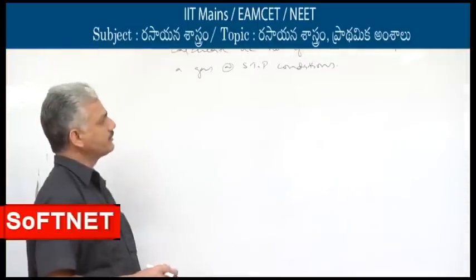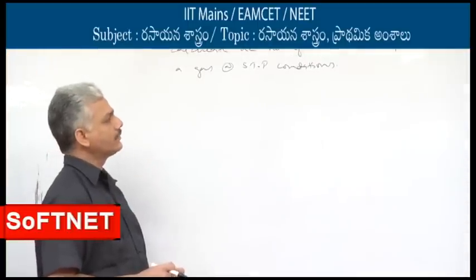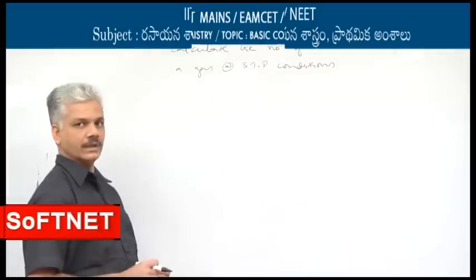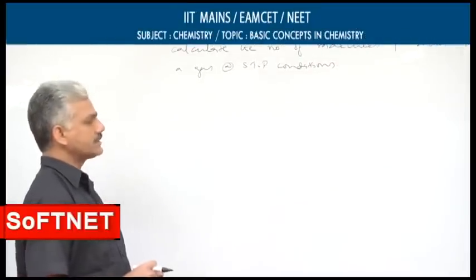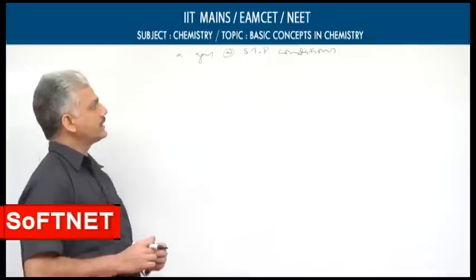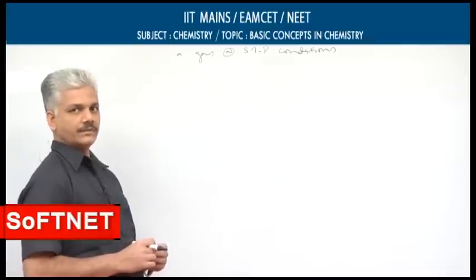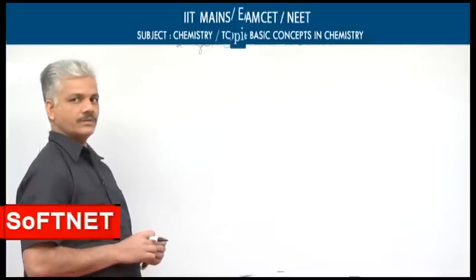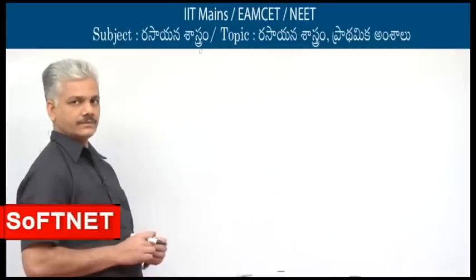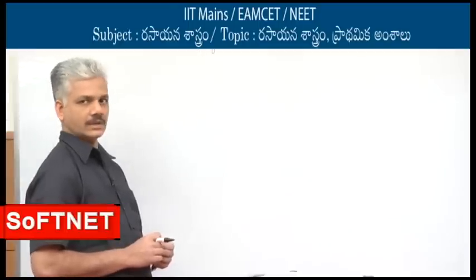Calculate the number of molecules present in 1.12 into 10 power minus 7 cc of a gas at STP conditions. Here, the volume of the gas is given, and we have to convert that volume into the number of molecules. So, here also you have to make use of the concept of moles only.